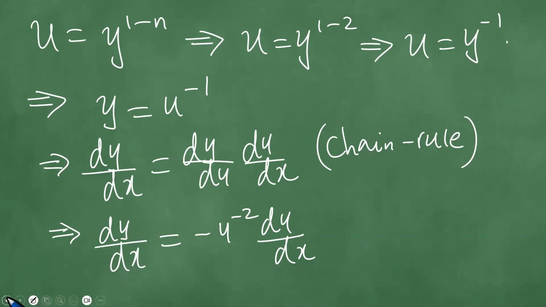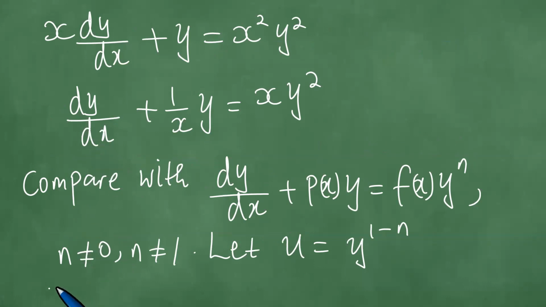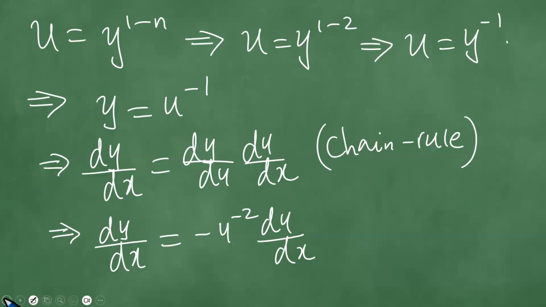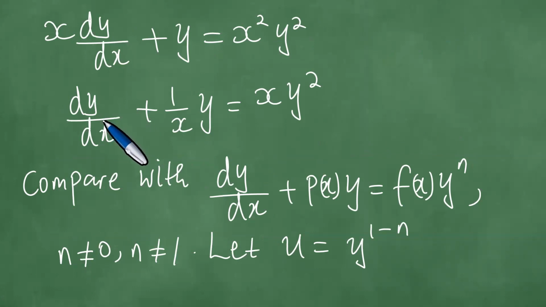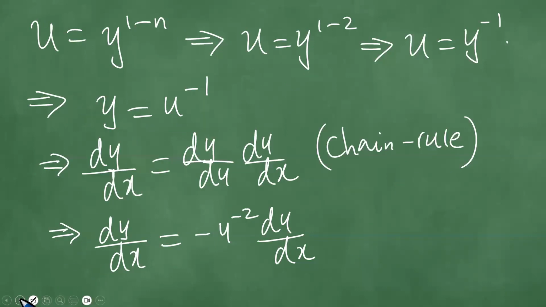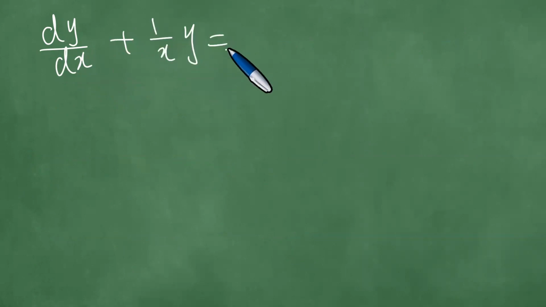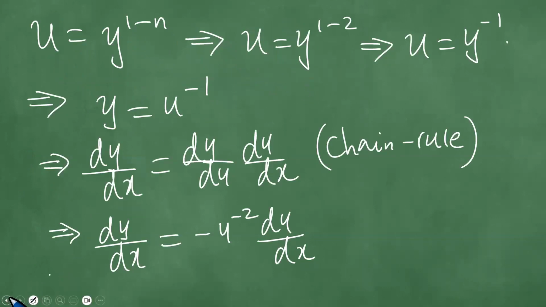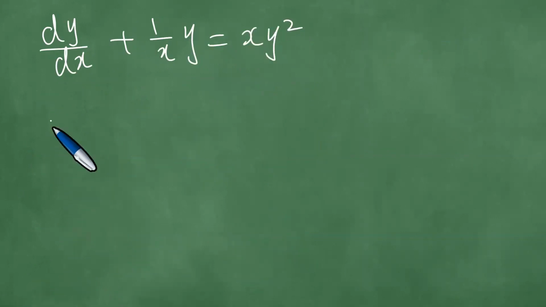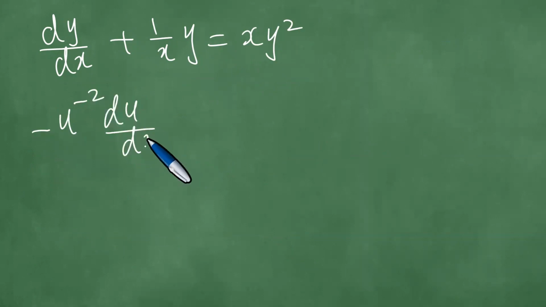We recall that we transformed the equation to this form: dy/dx plus (1/x) y equals x y squared. And dy/dx is minus u to the minus 2 du/dx.